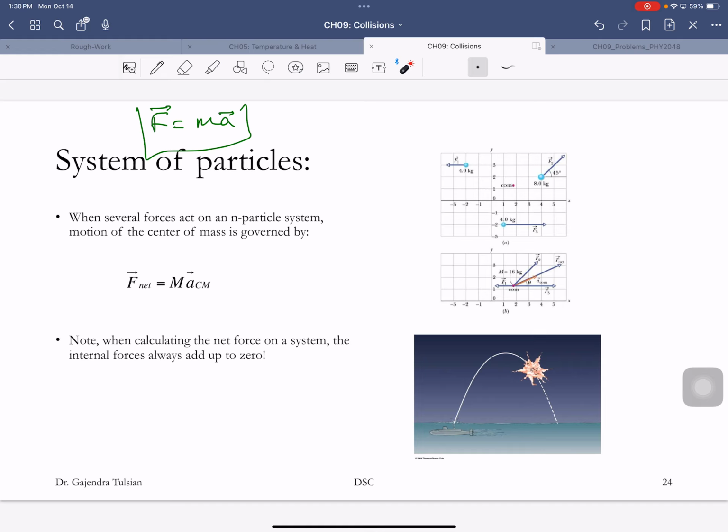And again, you guys know more physics than you think you know. You might have seen this. When a firecracker is shot, or a shell is shot, and it explodes into a million pieces, before the explosion, the center of mass was going on a parabolic trajectory. After the explosion, the center of mass is still going on the same parabolic trajectory.